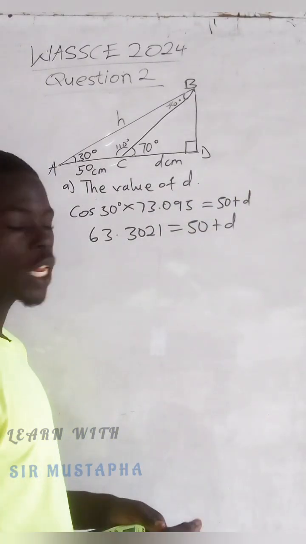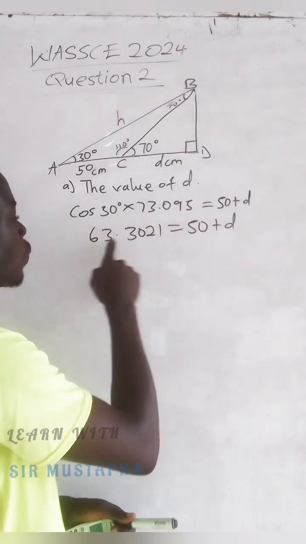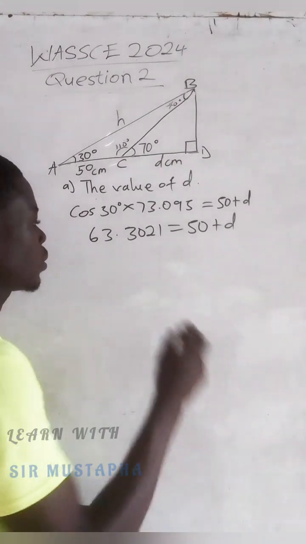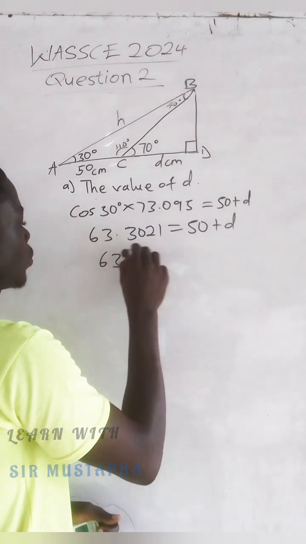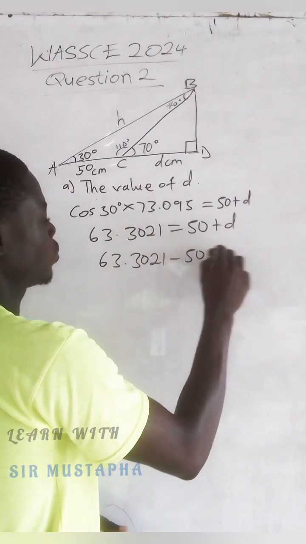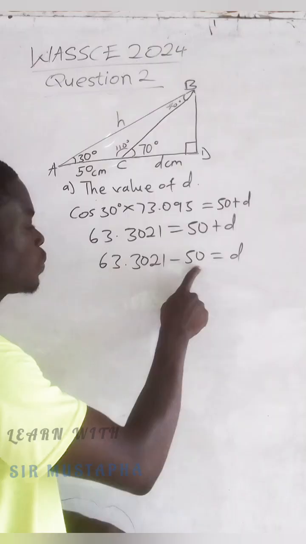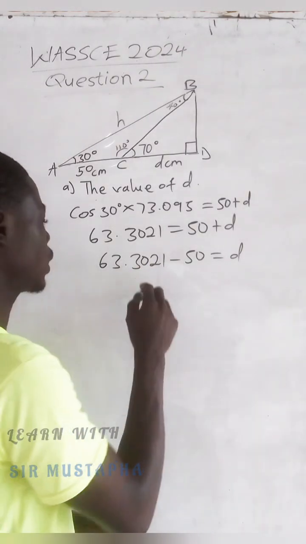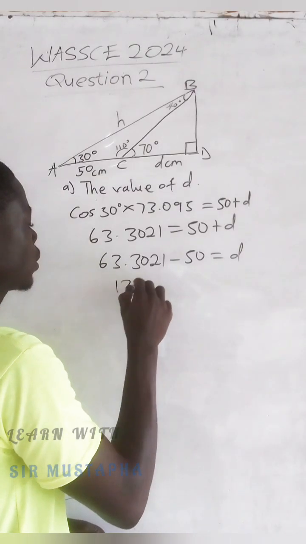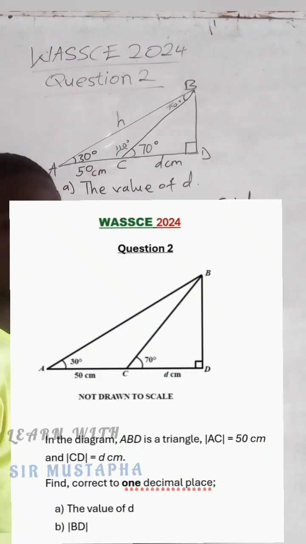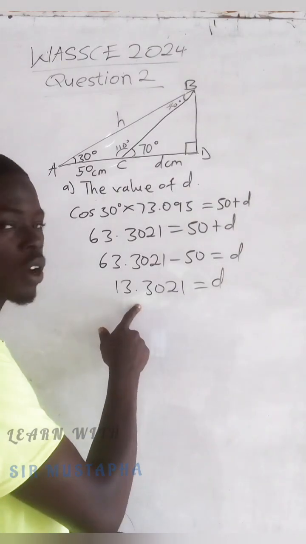So you have to group like terms. You subtract the 50 from 63.3021 to get D. If you subtract 50 from this, you get 13.3021, which is equal to D. Now the question says we are to round our answer to one decimal place, so this is not going to be our final answer.